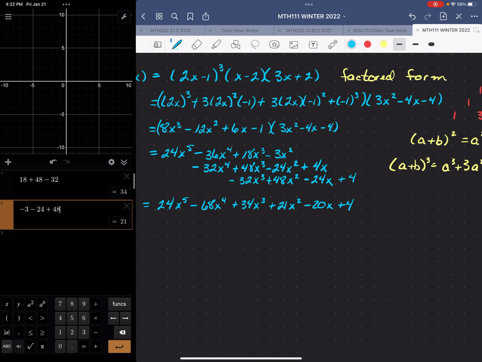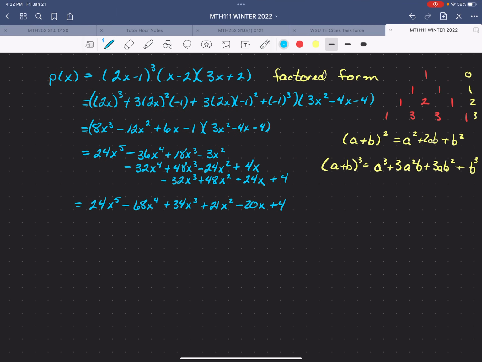Now here's the deal. All I really care about at this point is the degree, which we can see is 5. I want the leading coefficient, which is 24.